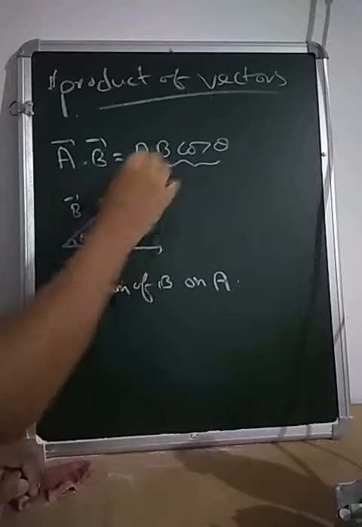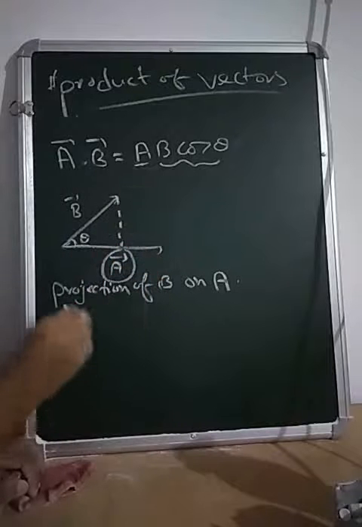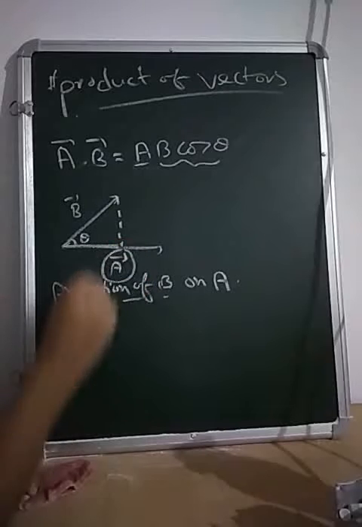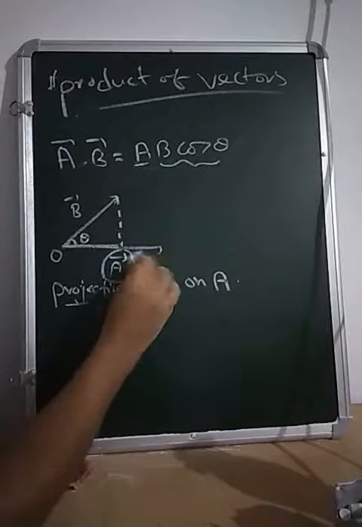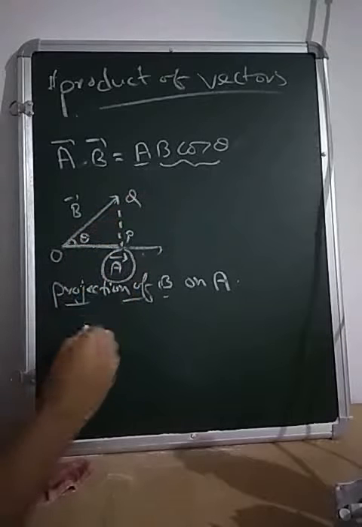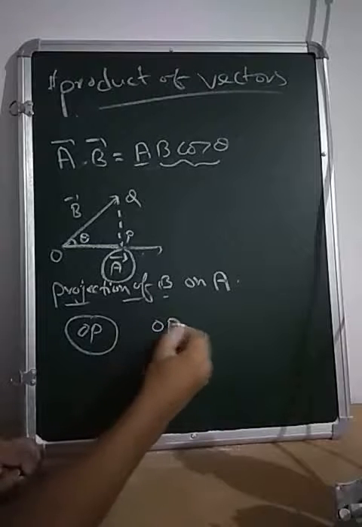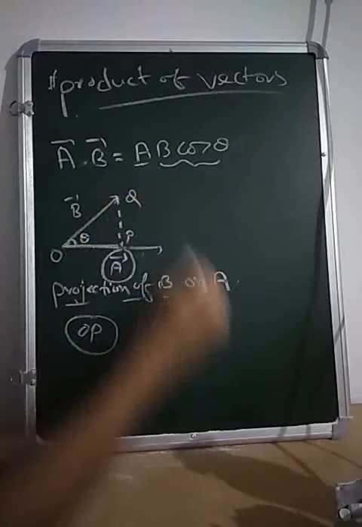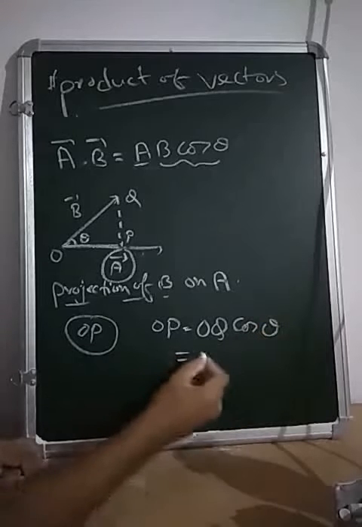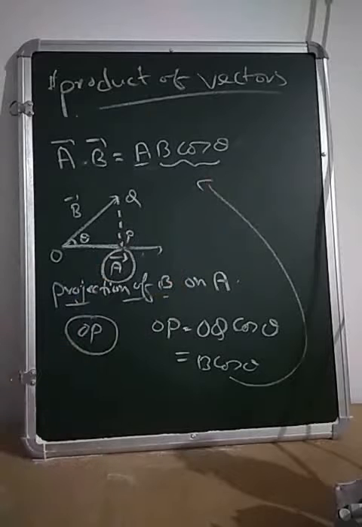A dot B means the magnitude of vector A into the projection of B on A. The projection of B on A is OP, and OP is OQ cos theta, where OQ means B. So this is how I reckon.